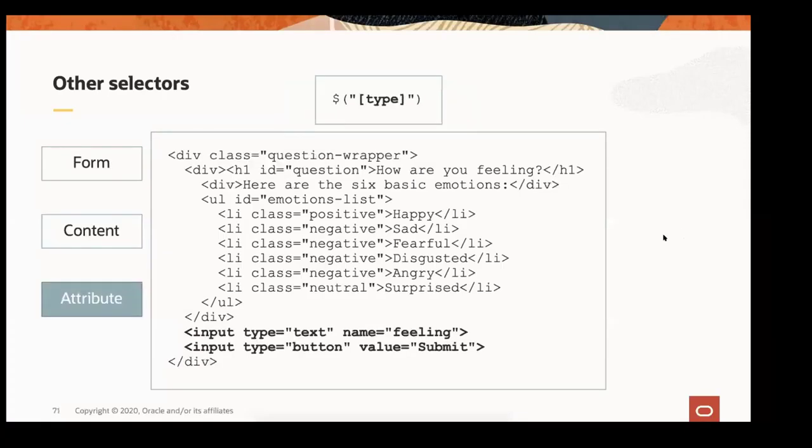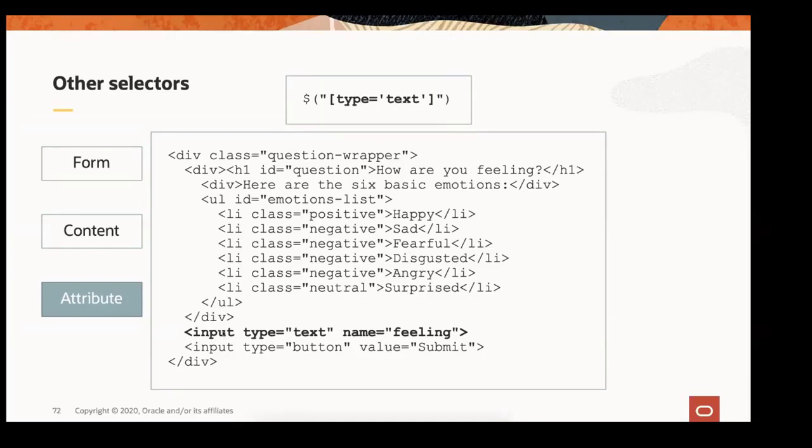Now, finally, we get to the attribute selector. So elements in HTML have attributes, and the way an attribute selector works is with the square brackets. So in between the square brackets here, I'm saying type, and what that means is select the elements on the page that have an attribute named type. Doesn't matter the value. So we get both inputs here at the bottom. If I want to be more specific, I can add on to that, and I can say where type is equal to the value text here.